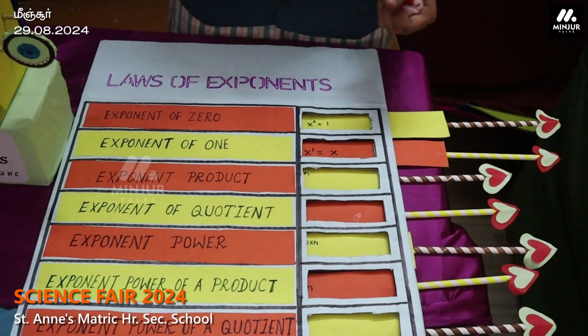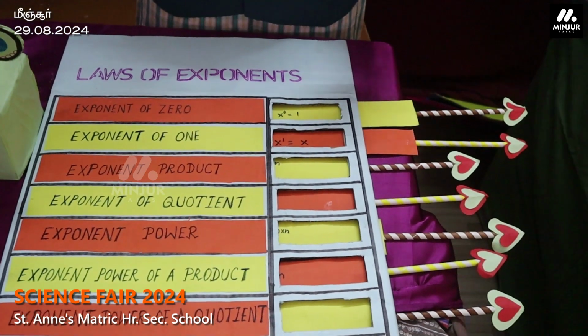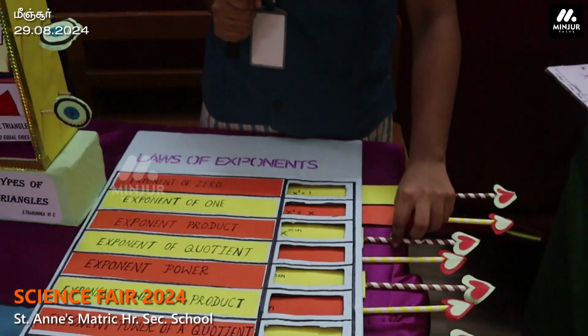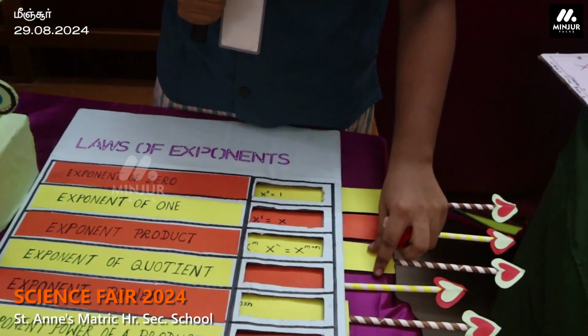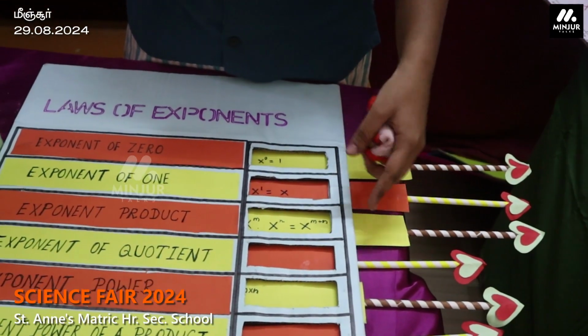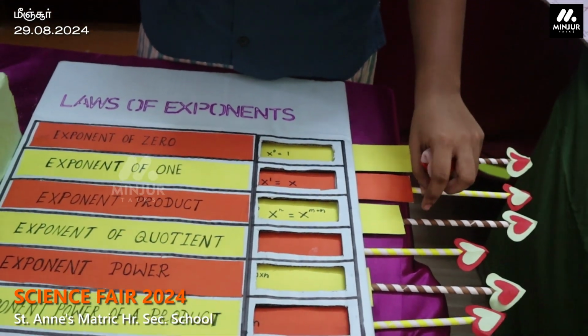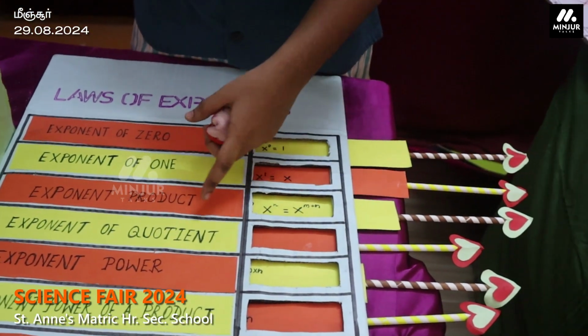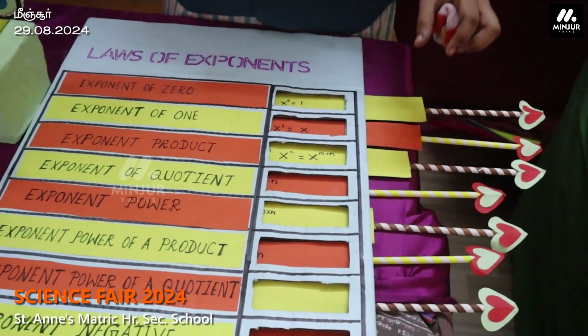Exponent of product. When multiplying two powers with the same base, add the powers. The formula is x power m into x power n is equal to x power m plus n. Exponent of quotient. When dividing two powers with the same base, subtract the powers. The formula is x power m divided by x power n is equal to x power m minus n.